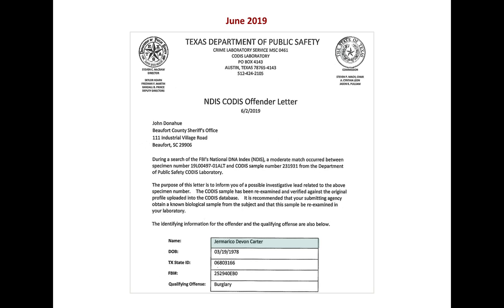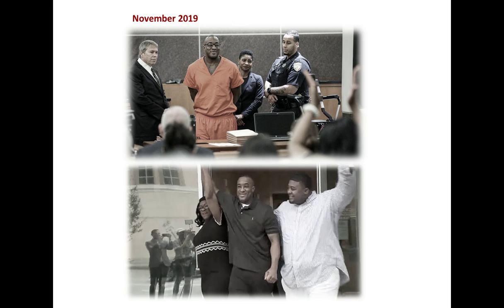So June 2019 is when we identified Jermerico Carter as the perpetrator, and it took us several more months after that to get Lydell Grant out of prison. So this is an image. In the top image, on the far left, that's Mike Ware, the director of the Innocence Project of Texas.